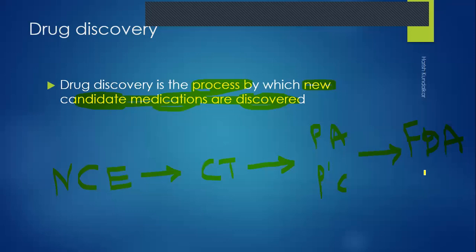FDA will ask whether the drug is for chronic use or for short-term use. If it is for short-term use, then it is still okay. But if it is for chronic use, definitely they are going to talk about the 0.01% impurities that are present in the NCE.